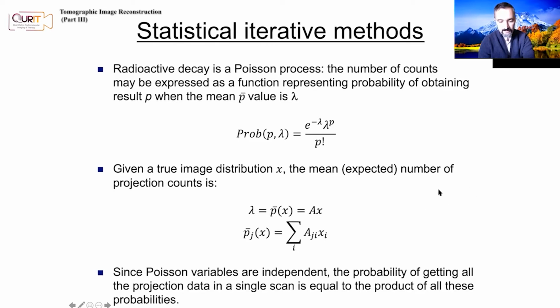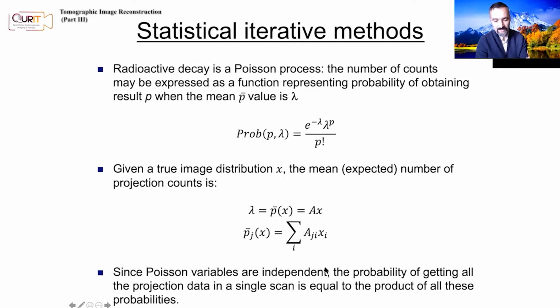And then because the Poisson variables are independent, this was just for a single bin, single projection, single line of response. But if you have multiple acquisitions, multiple lines of response, multiple projections, the point is that Poisson variables are independent. So the probability of getting all of those is essentially equal to the product of all these probabilities.